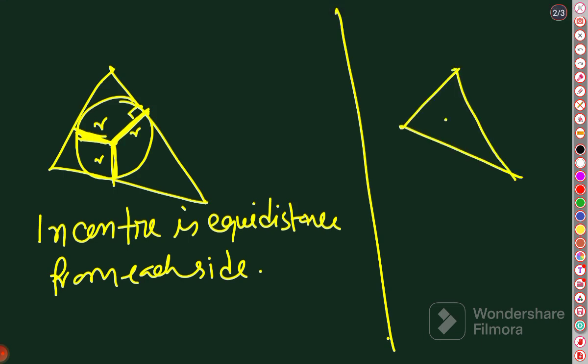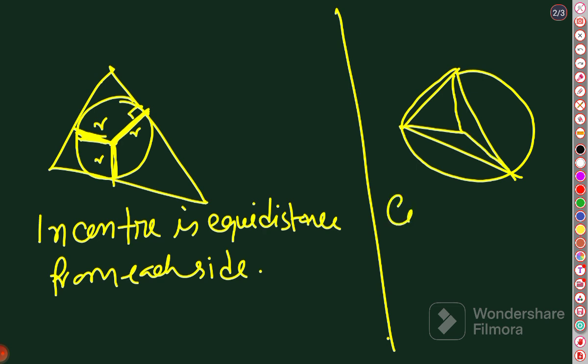In the case of the circumcenter, it is the center of the circumscribed circle, which means outside the triangle. So the circumcenter is equidistant from each vertex.